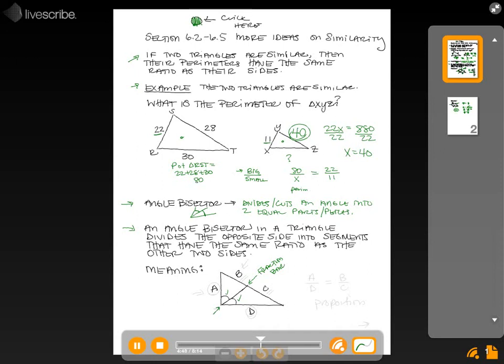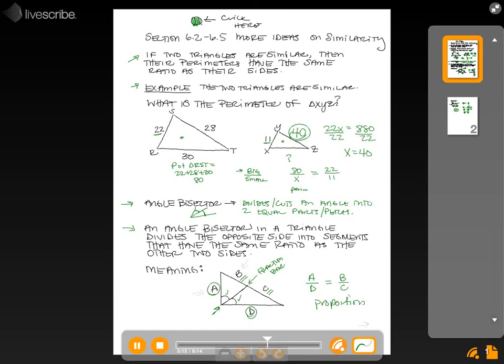So that's our line, which means we have A over D and B over C. We set them equal to each other. There's our proportion. And that's all we have to do, and then we would solve it from there.